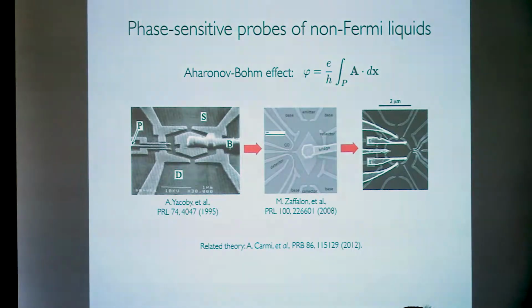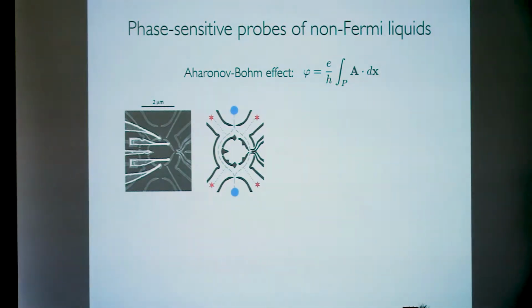I would say that this did not work very well for the technical reason that, unfortunately, as you try and tune the magnetic field to see interference fringes from the Aharonov-Bohm effect, what you also do is change the tunnel couplings in a kind of unpredictable way. And so therefore, you drive yourself away from the two-channel Kondo state in a way that you don't understand. I think we'd still like to try this sort of a measurement.